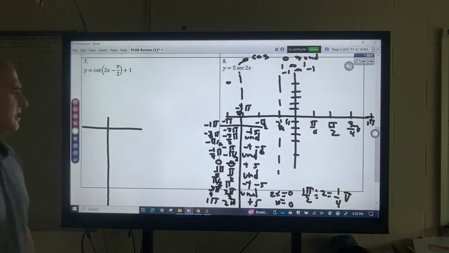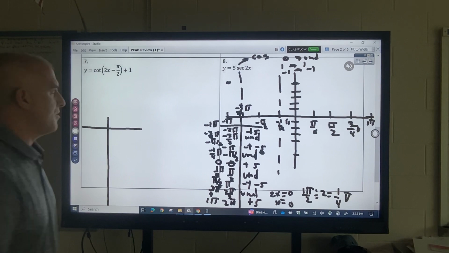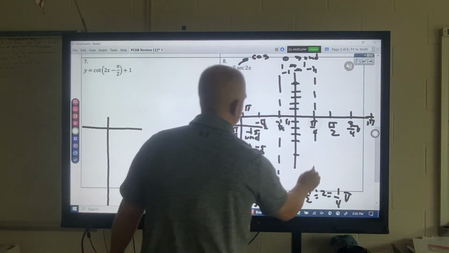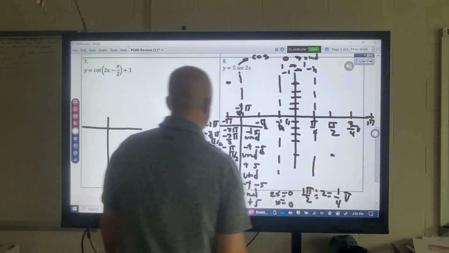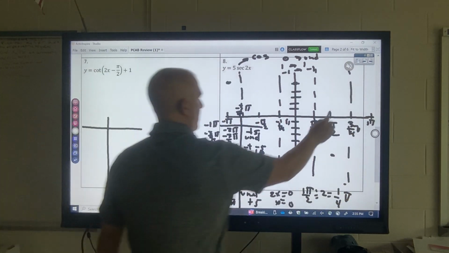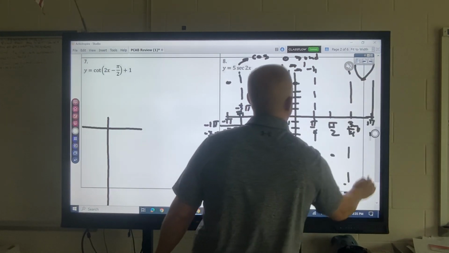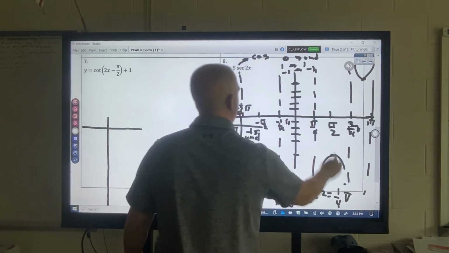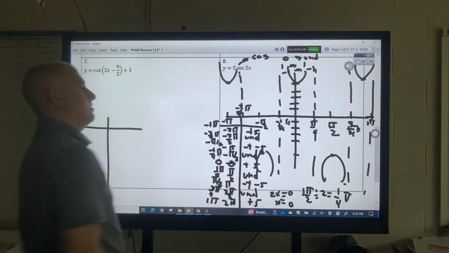At 0, I'm at 5. At 1/4, I'm undefined, so those are just asymptotes. At pi over 2, I'm at negative 5. At 3 pi over 4, I'm undefined. And then at pi, I'm at 5. I think we all know that that would go that way. There's an extra asymptote out that way, this way, this way, this way, and this way.